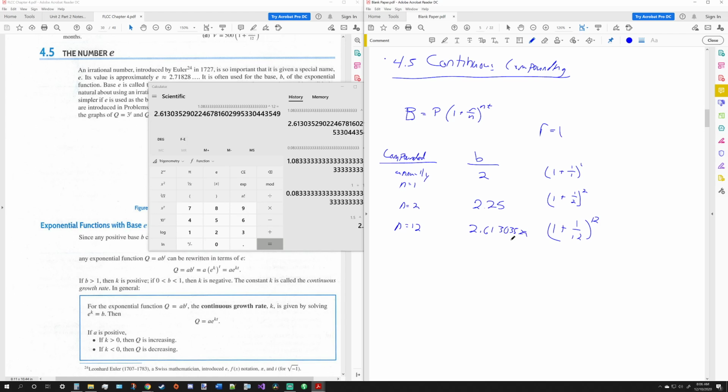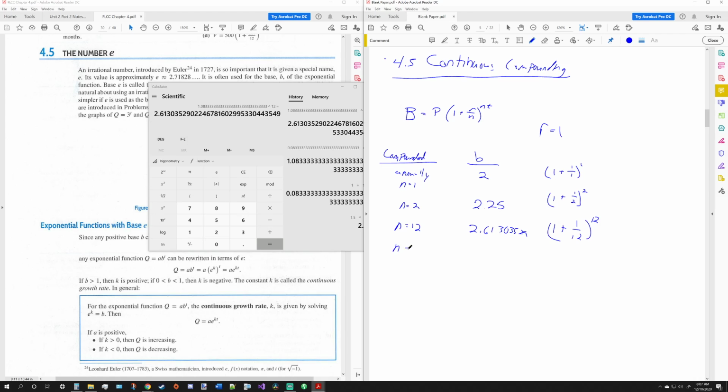And what's happening here? The B value is getting larger and larger because the more times we compound something in a year, the more interest that is gaining interest, right? It just kind of keeps gaining interest and interest and interest.